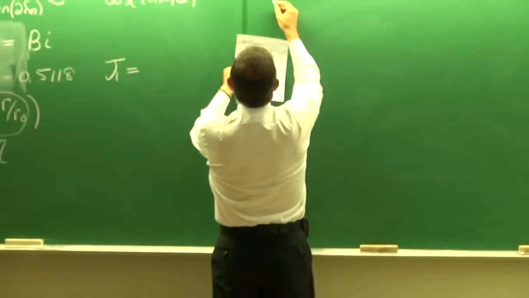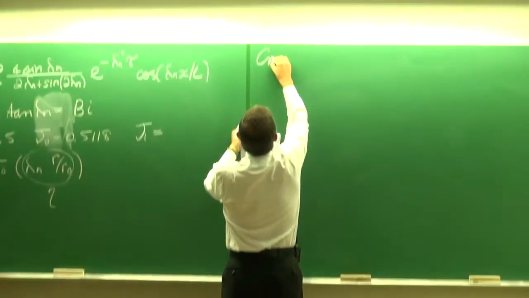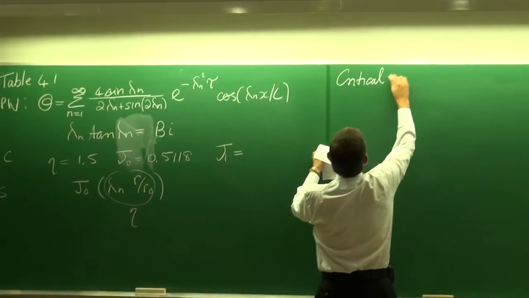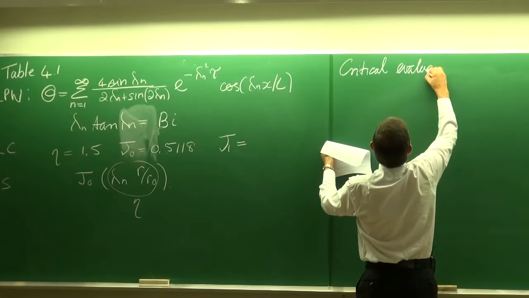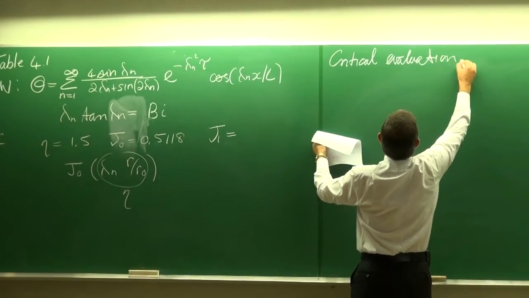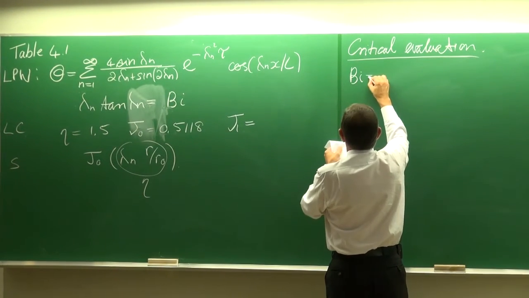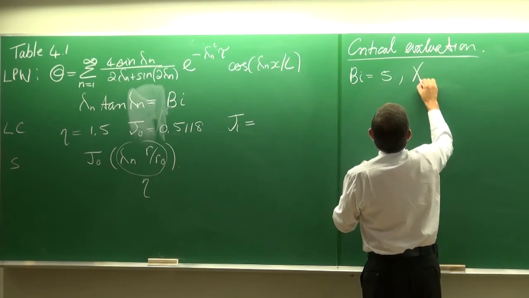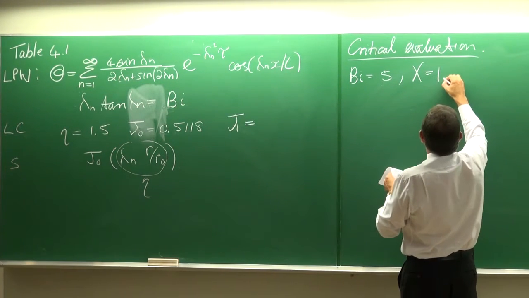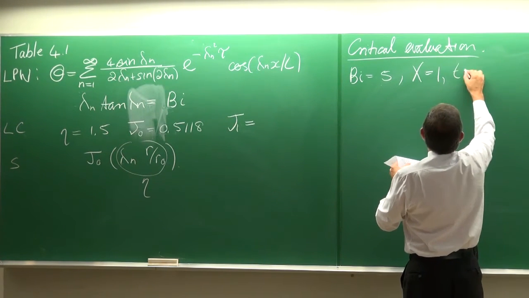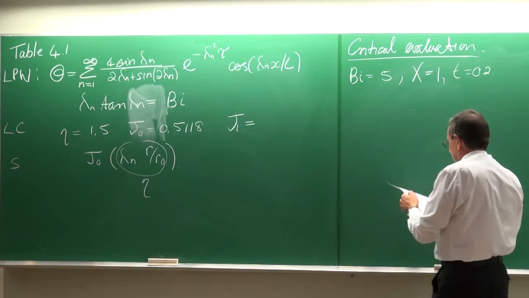So for example, let's look at a case. Let's call it a critical evaluation. Just as an example, let's look at the case of the Biot number equal to 5, the non-dimensionalized length equal to 1, and t equal to 0.2.